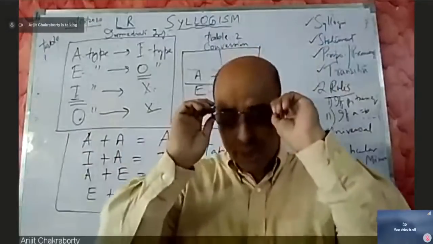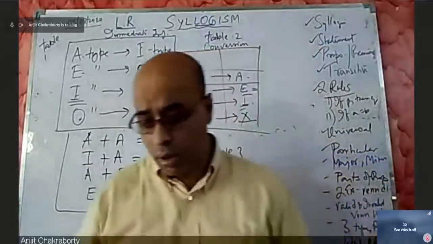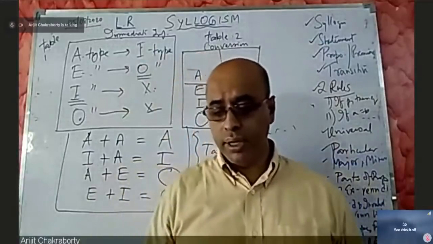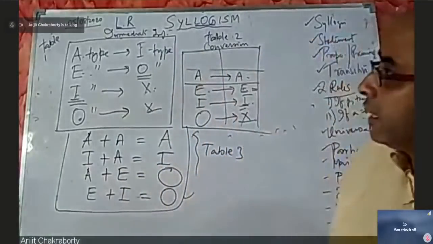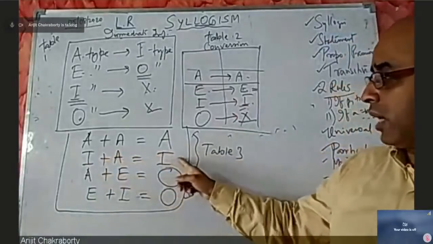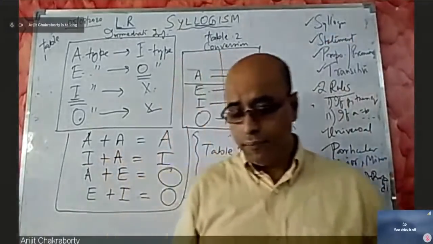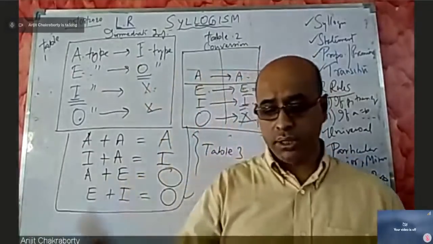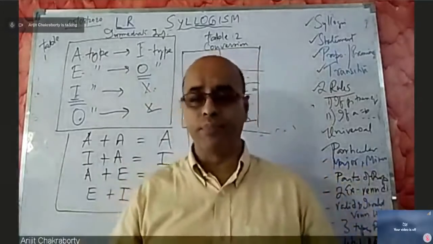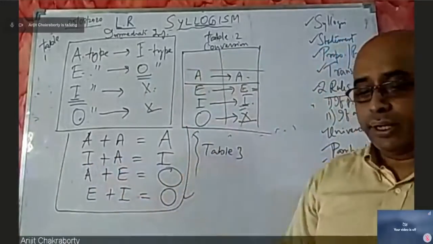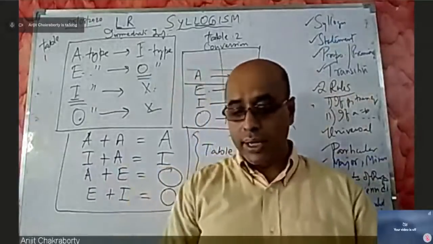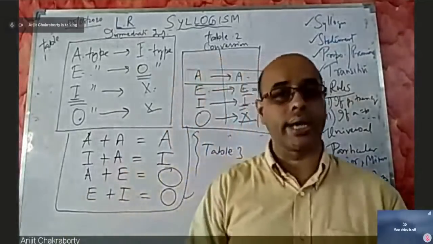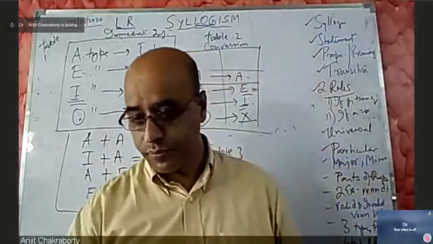The conclusions offered are all engineers are students and some boys are engineers. From here you can understand A plus I means it has to be I. If you combine them using I plus A equal to I, only one conclusion comes, and that is some boys are engineers. So option B is correct. I hope it's clear.